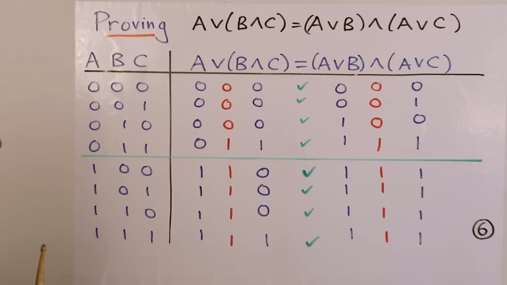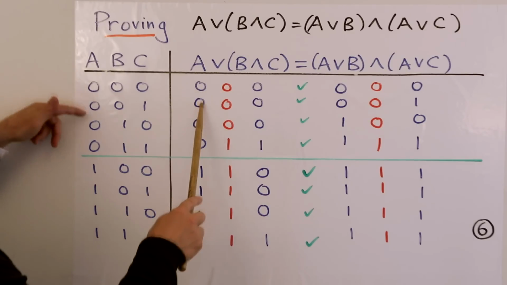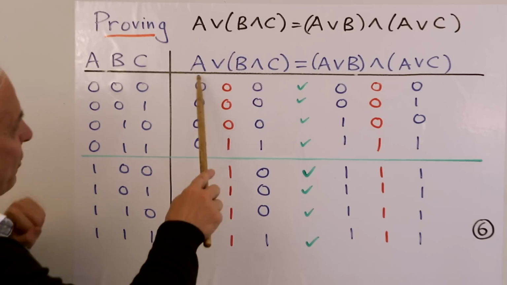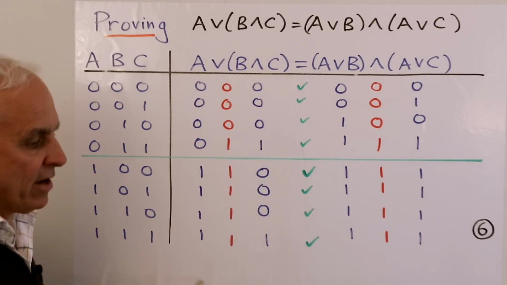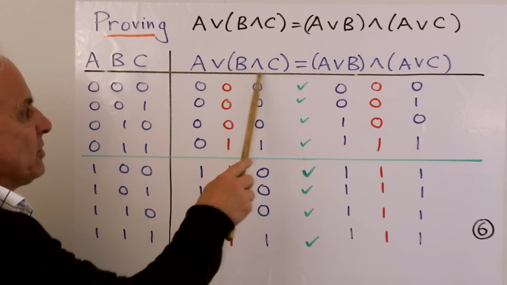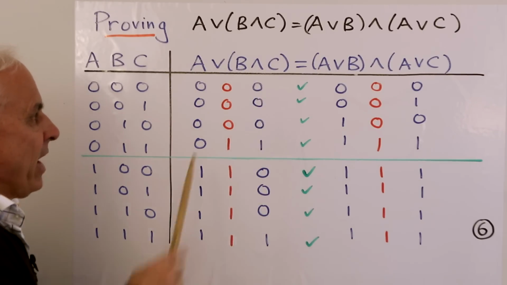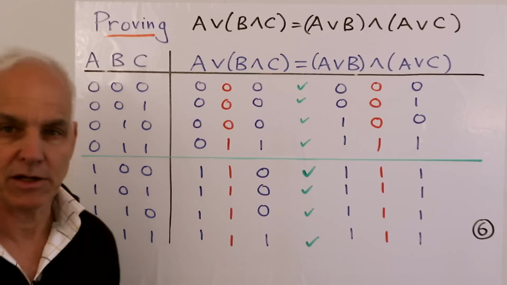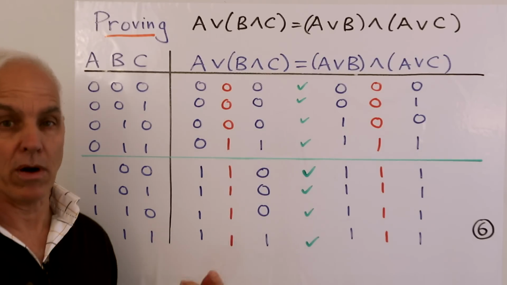I've copied the values of A here, and now this left-hand side is an expression involving these values of A, and these values of B intersect C. And the operation is a union, or an OR.